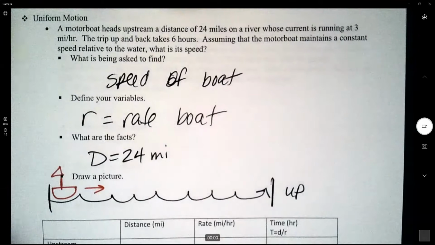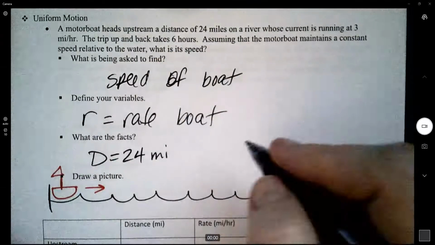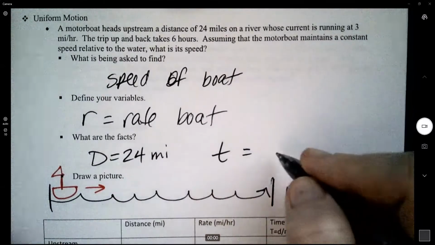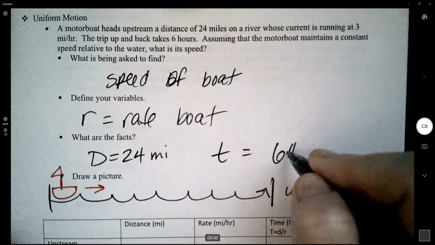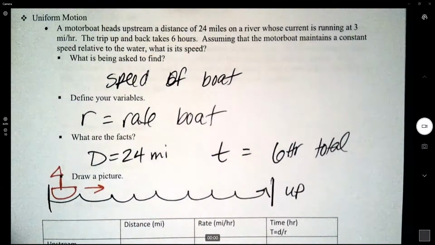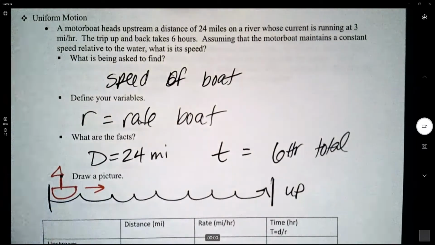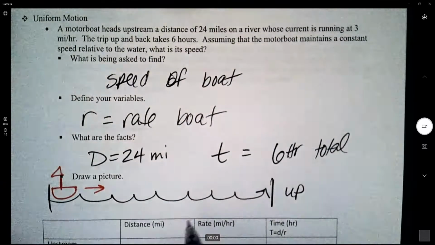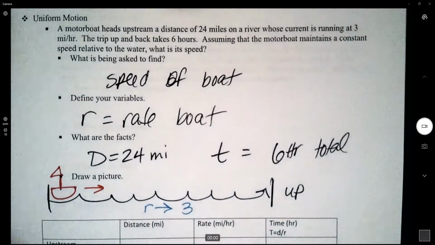What else do I know? I also know that the trip up and back takes 6 hours. So I know also that the total time is going to be 6 hours in total. I also know that the rate of the current of the water itself, I'll do this in blue, which represents the water, is 3 miles per hour.